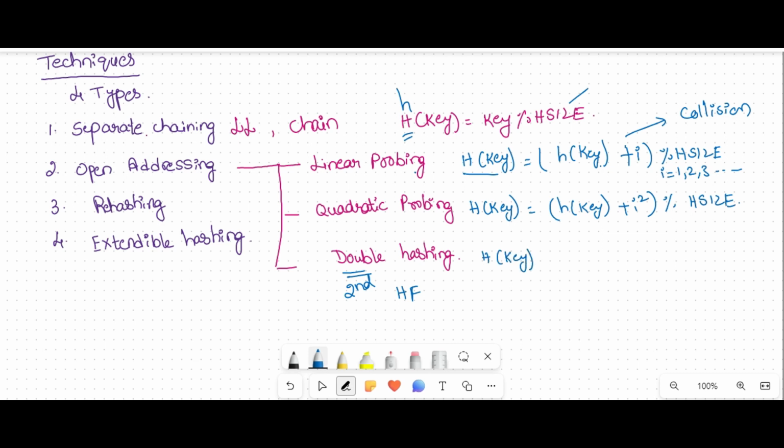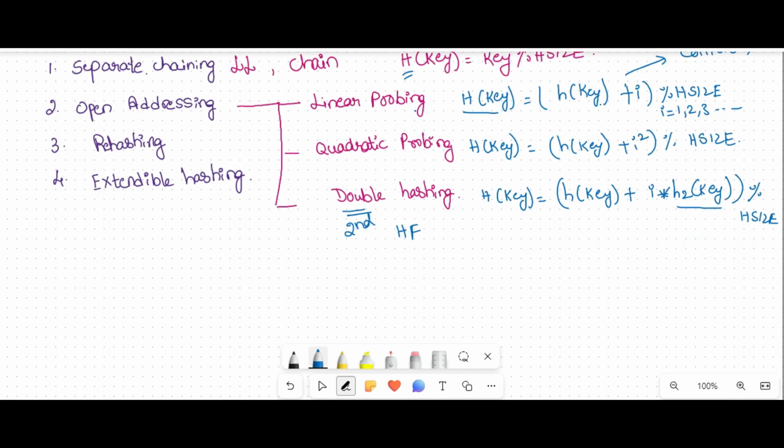So H of k equal to small h of k plus I into the second hash function h2 of k, the whole thing modulus hash table size. The second hash function is represented with h2 of key. And I equal to 1, 2, 3, 4 and so on.